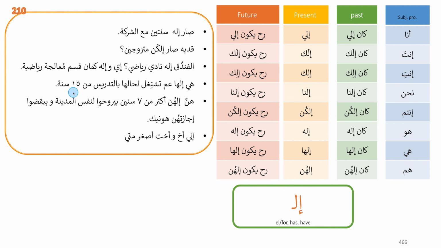هن إلهن أكتر من 7 سنين بيروحوا لنفس المدينة وبيقضوا إجازتهم هنيك. هن إلهن, they have been, أكتر, more, من, than, 7 سنين, 7 years. بيروحوا, they go. لنفس, to the same. المدينة, the city. وبيقضوا, and they spend time. إجازتهم, their holiday. هنيك, there.